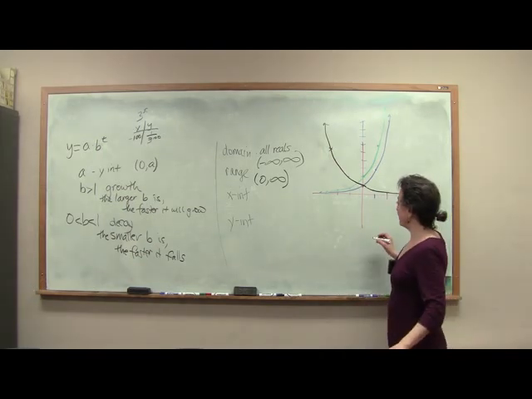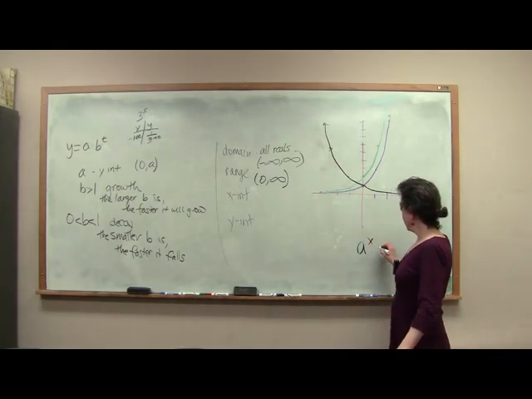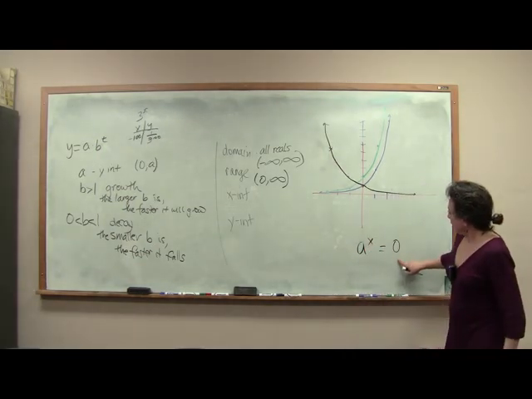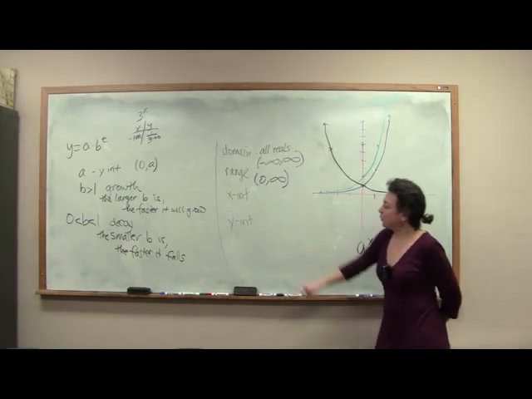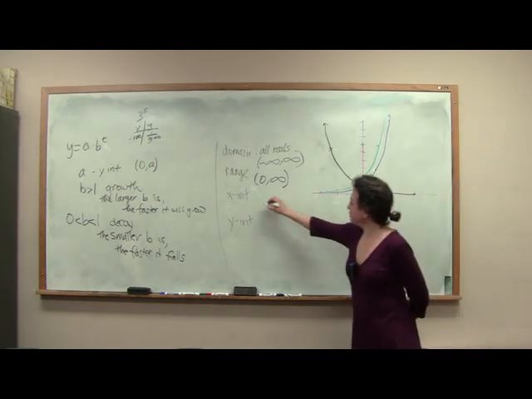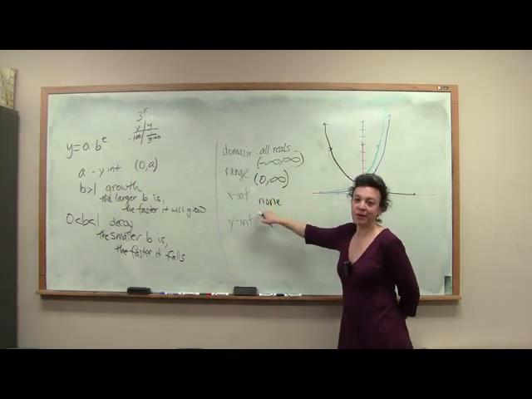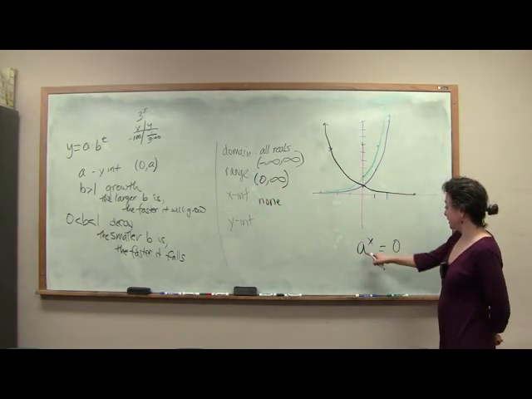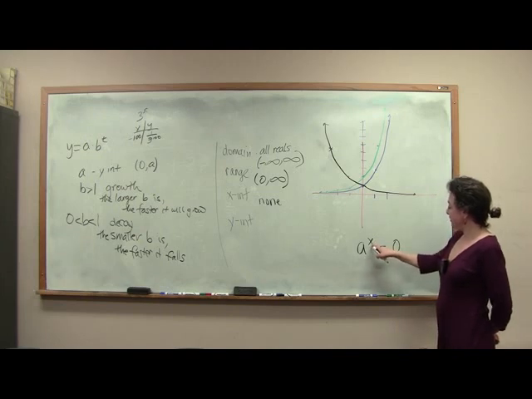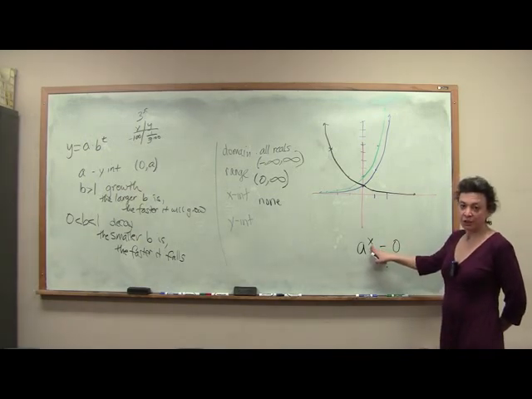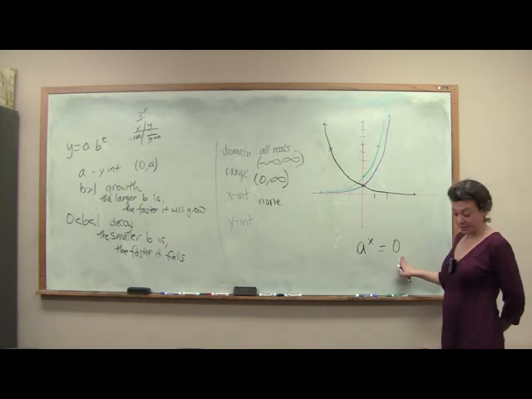Okay, let's talk about that for a second. When we want to talk about whether or not there's any x-intercepts, well, I claim by saying we never take on the value of 0 in our range, there are no x-intercepts. Because let's look at this. For what values of x could we get this thing equal to 0?